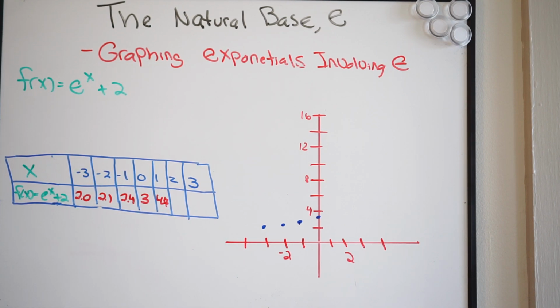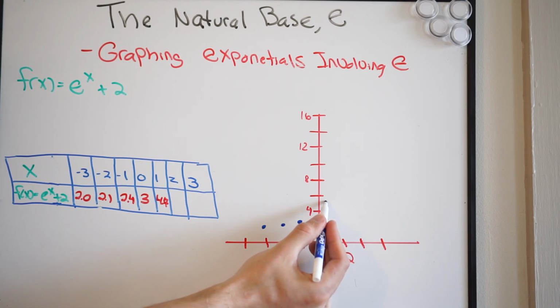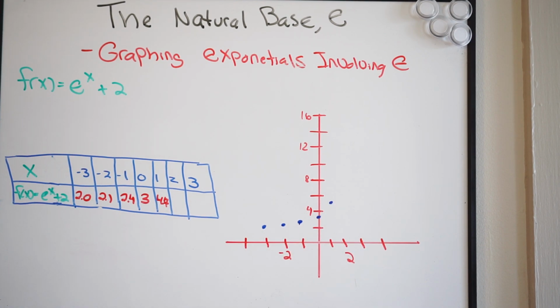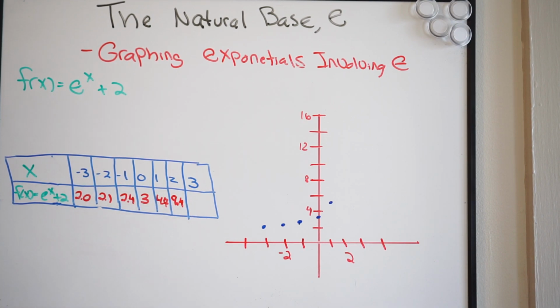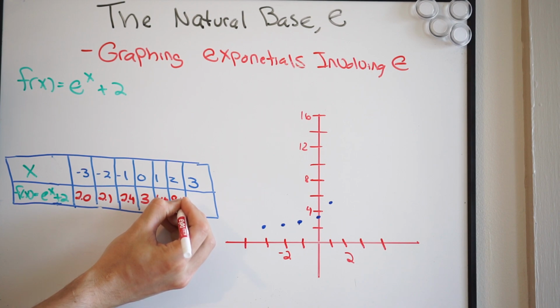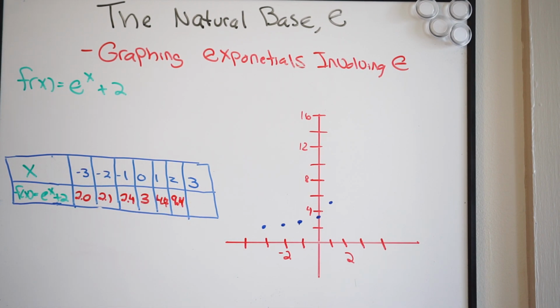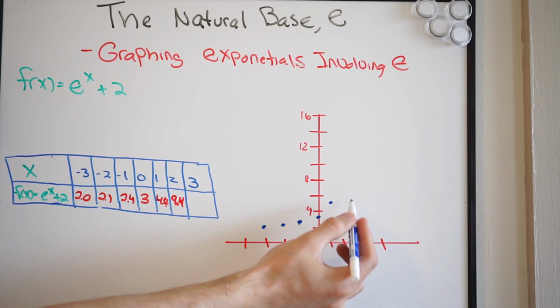I know that's small, so 4.7. So over 1, and we're going to go up 4.7, right about here. When we plug in a 2, we get 9.4. So we're going to go over 2 and up 9.4.